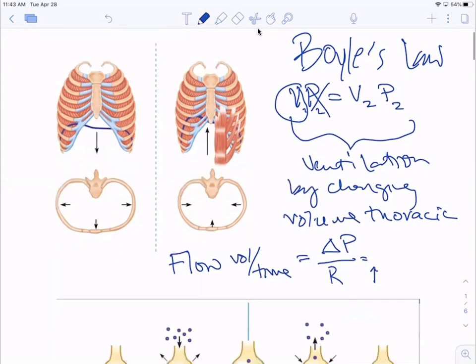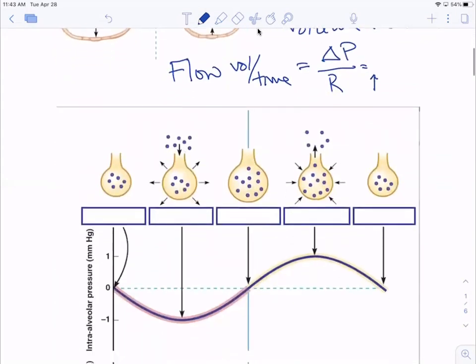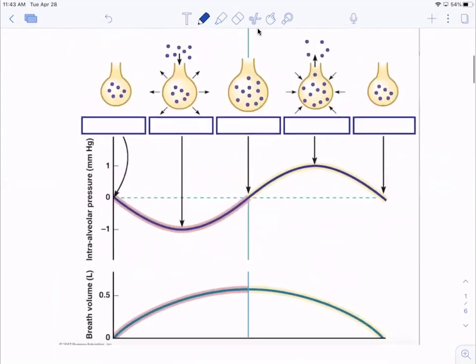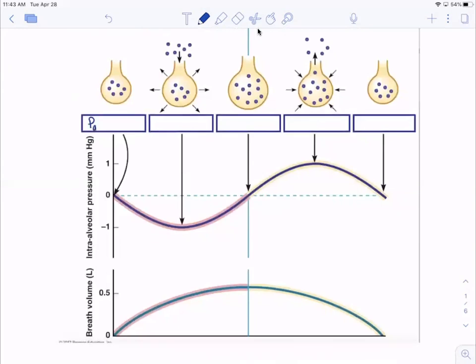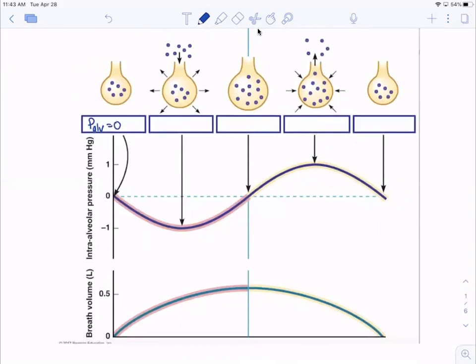So, real quick, this graph right here is referring to airflow, and it's going to be in relation to atmospheric pressure. So the pressure in the alveoli, intra-alveolar pressure here, is going to start at 0 millimeters of mercury of pressure.